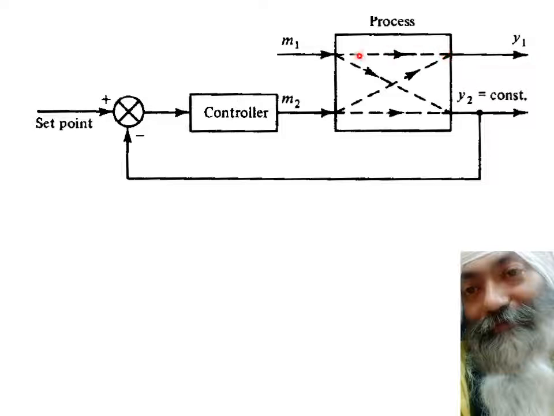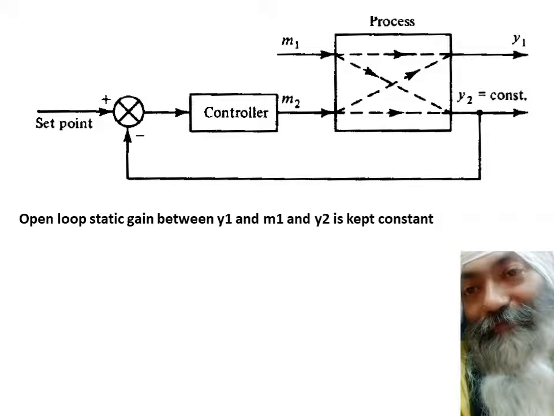So here you have one direct effect plus another through this route, as we had discussed in the last session, going from here to here, and then coming back from the controller to this point, and this also adds up to y1. So you have both direct and indirect effect that is visible over here.